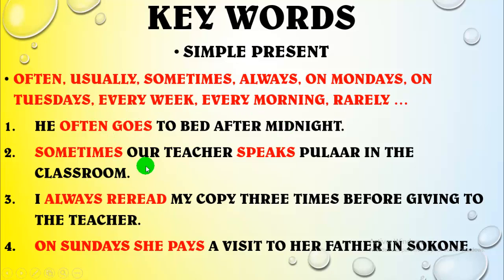Sometimes our teacher speaks Pulaar in the classroom. Number 3, I always reread my copy 3 times before giving it to the teacher. On Sundays, she pays a visit to her father in Sokone. All these situations are repeated. They are regular, habit, simple present.